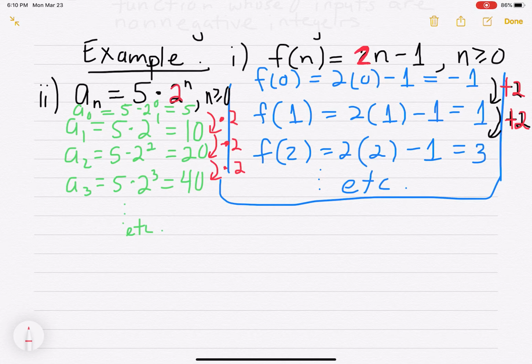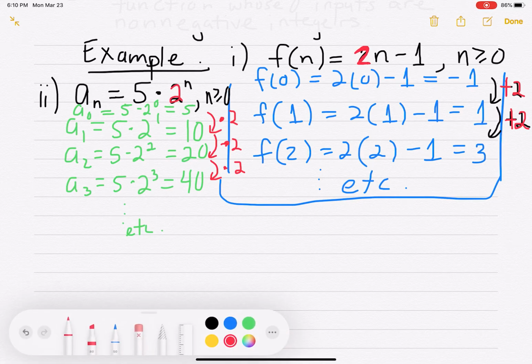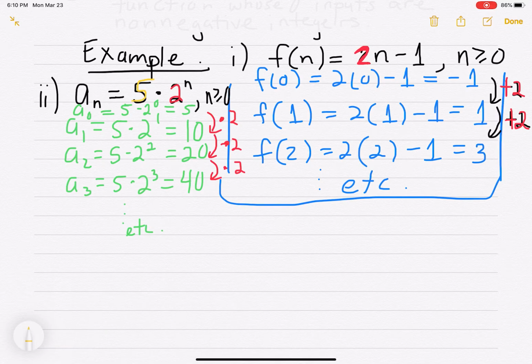So the 5 out front is often called the initial term. That's the A sub 0. A sub 0 is 5, that's the initial term. And that 2 is what you're multiplying by each time. That's called the common ratio.